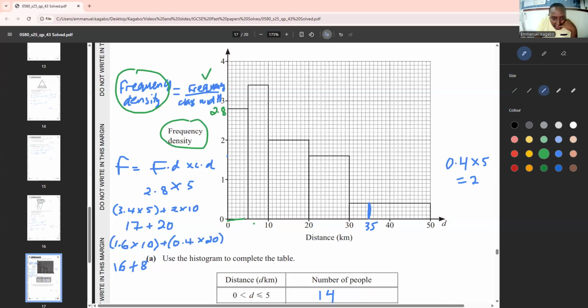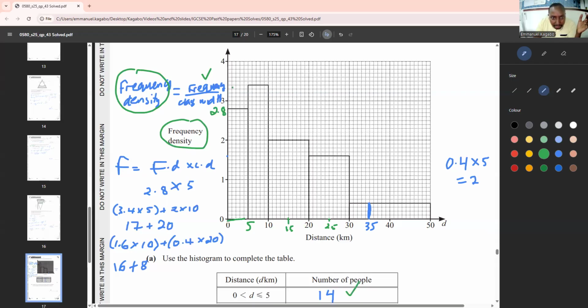This is 0, this is 5, this is 10, this will be 15 here, and then this will be 25 somewhere in the middle, and then you proceed with the rest, okay? Now, to get the frequency it will be 2.8 times 5. I'm using this formula: frequency density is equal to frequency over class width. If I'm looking for frequency, it has to be frequency density times class width. So that's how we get it for 10.